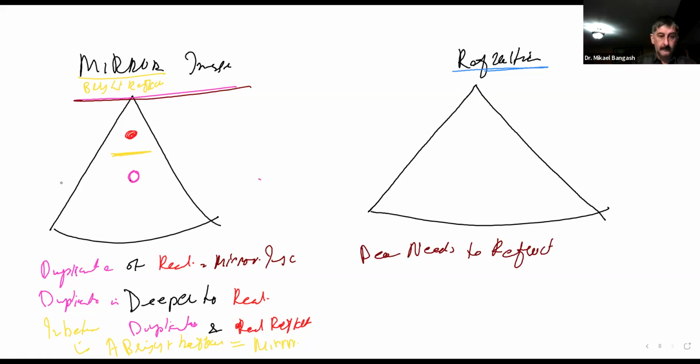So let's just say that this is your beam. Did that make sense? Now, what is going to make it refract?